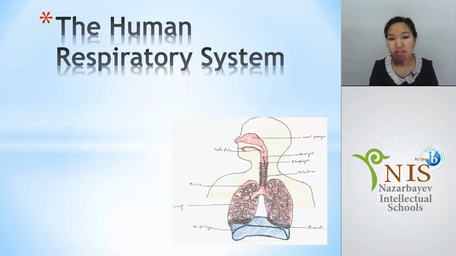Okay, human respiratory system. First of all, we want to talk about what kind of organs participate in this big process. The human respiratory system consists of organs. First of all, we can breathe by our mouth cavity or by our nasal cavity.